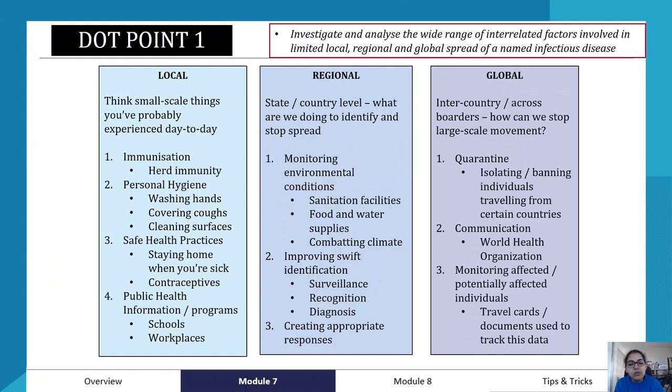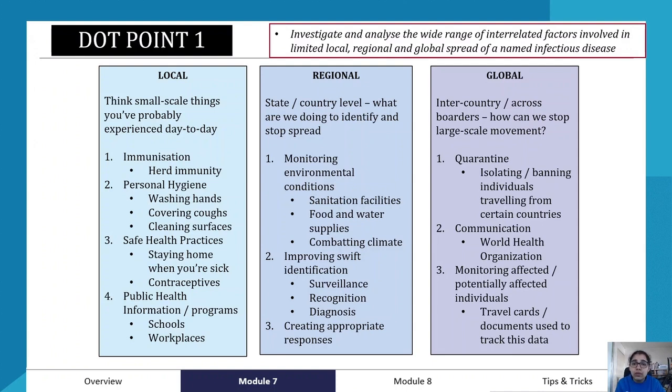Personal hygiene, healthy practices, and also spreading public health information. Then on a regional level, we're trying to monitor environmental conditions. We're trying to improve identification as well through surveillance. For example, with COVID-19, it was knowing every day which areas potential cases happened in, and then creating appropriate responses.